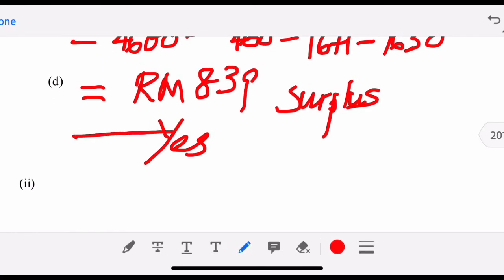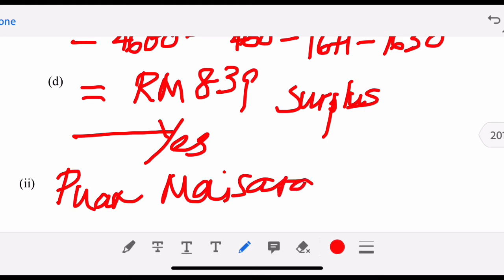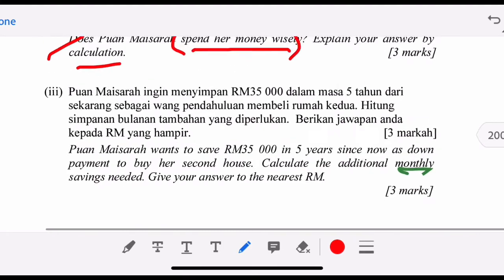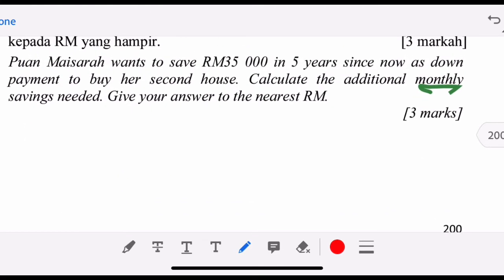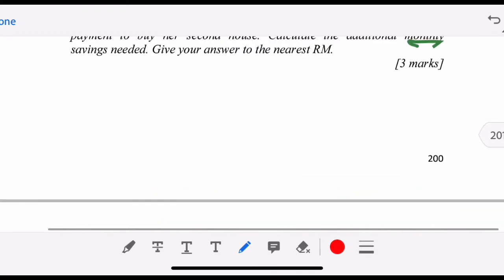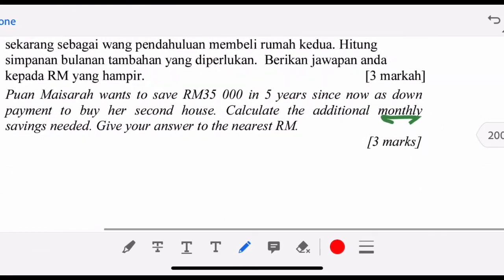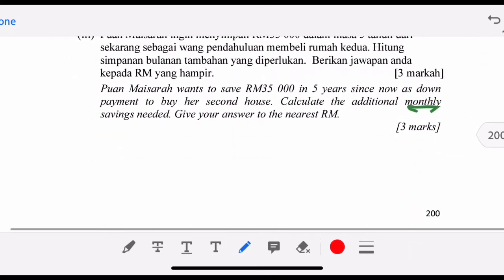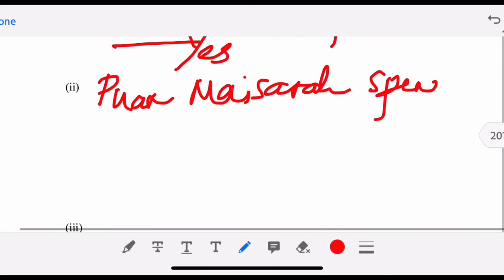Okay, let's write Puan Maisara spend... You can say she has a very good financial management. Okay, because she actually plan her expenses. So spend her money wisely. Follow the sentence.